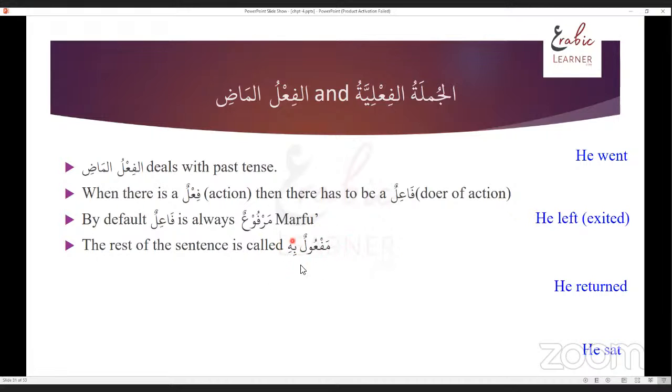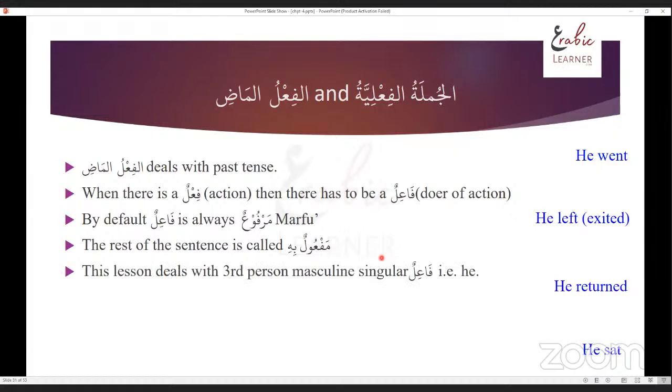When it comes to Jumlatul Fi'liya, these are the three things I will be identifying: fi'l, fa'il, maf'ool bihi. When it comes to Jumlatul Ismiya, what am I going to look for? Mubtada, khabar. When it is Jumlatul Fi'liya, it is fi'l, fa'il, maf'ool. Remember this, okay? So it's very simple, you will remember it.